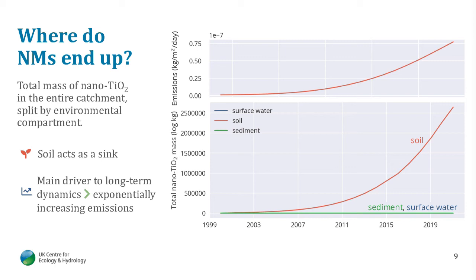And then that graph at the top is giving you the emissions trend, the masses per meter squared of nanomaterials emitted, just to give you an idea of how the emissions are increasing over time from 2000 to 2020. And the main picture here is that soil very much acts as a sink, and the main driver to the dynamics in soil is these exponentially increasing emissions.